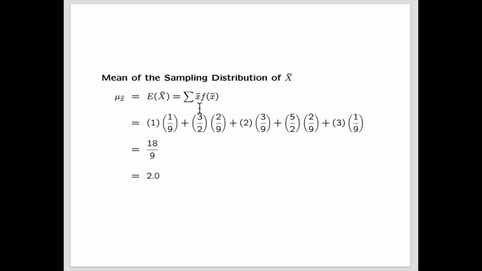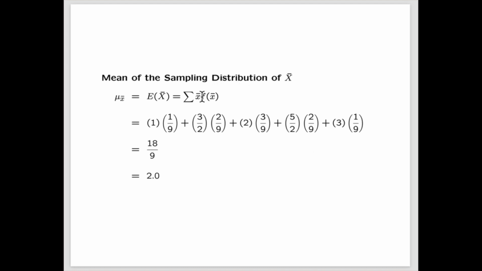All right, so remember that the mean of a discrete probability distribution is a weighted average of the values taken on by the random variable. And the weight factor is the PMF, or the sampling distribution values for the various values that the random variable can take on. The values that the random variable X bar can take on in this situation, you'll remember, are 1, 3/2, 2, 5/2, and 3.